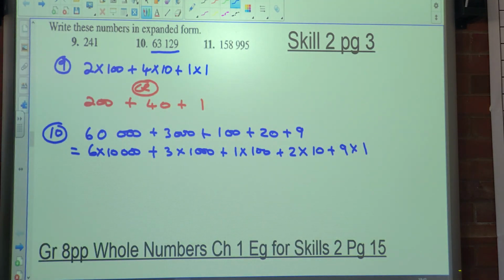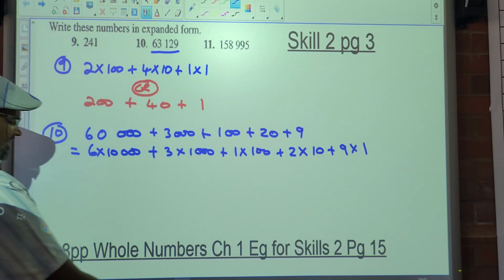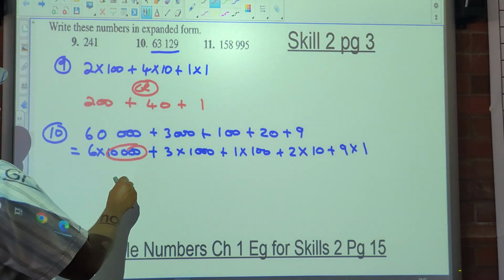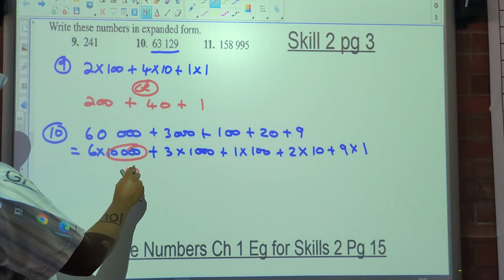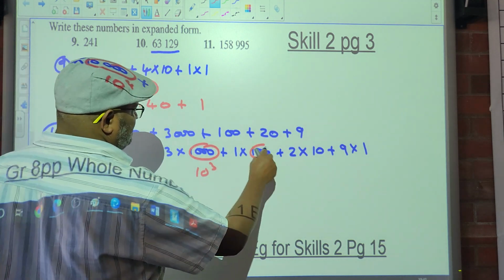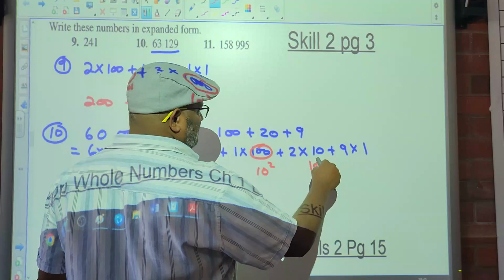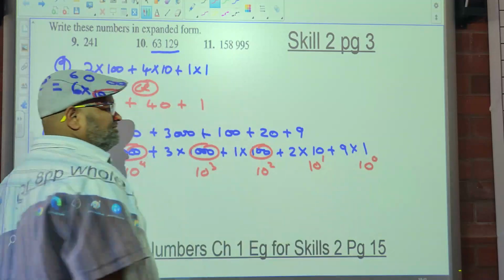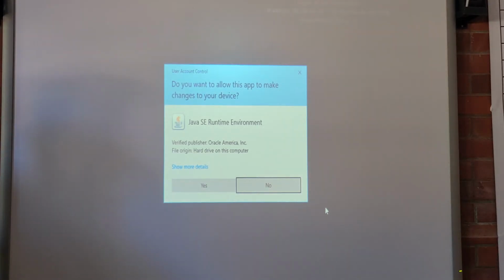Okay. You'll always see that these are what we call powers of 10. That is 10 to the 4, 10 to the 3, 10 to the 2, 10 to the 1, 10 to the 0. Can you see that?